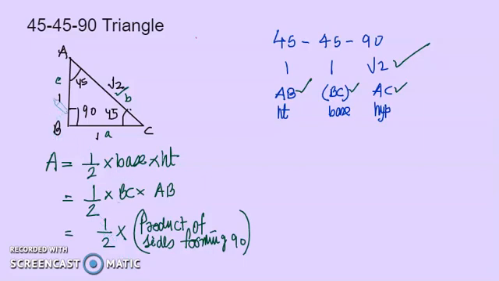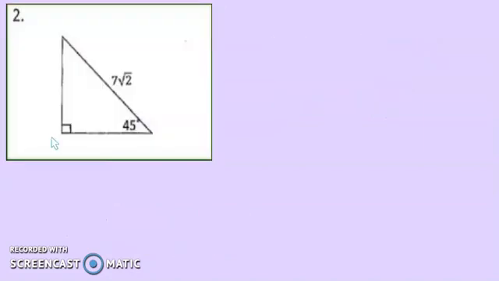Now the two sides will be, as I told already, equal in length. So let us discuss an example and see how we solve it to find the area. Now here we have a triangle ABC. So this is going to be A, this is B, and this is C, which is our hypotenuse.